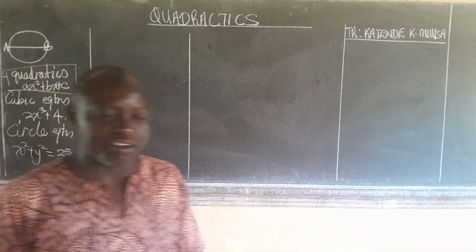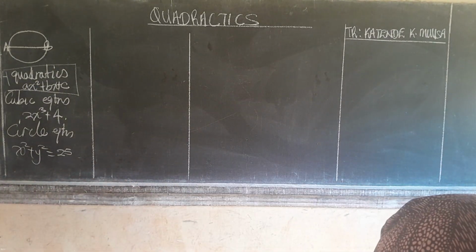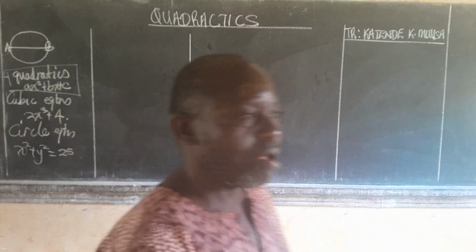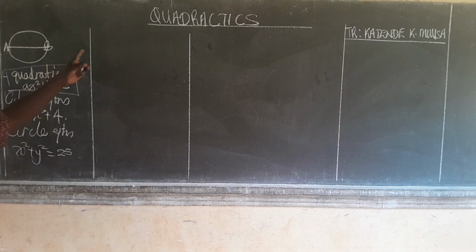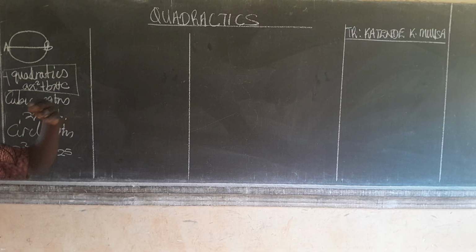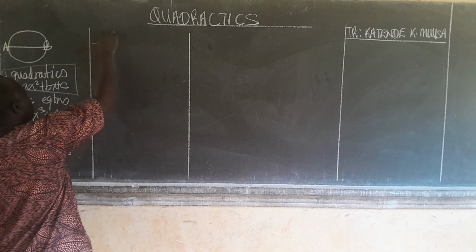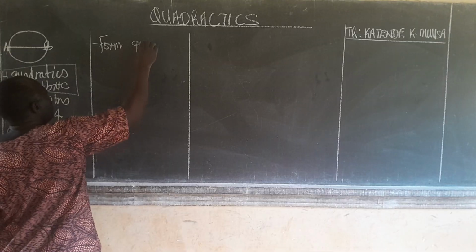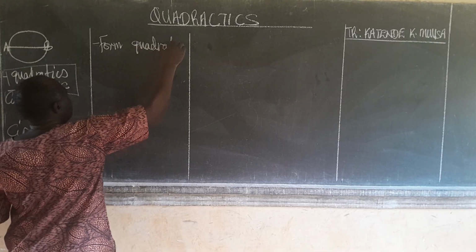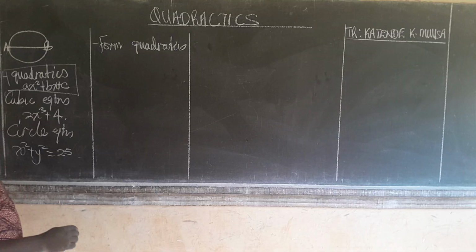Then one may ask, what are the quadratic equations? What are the uses or the applications of quadratic equations? Now, quadratic equations can be seen in various forms. One, we can form quadratics.